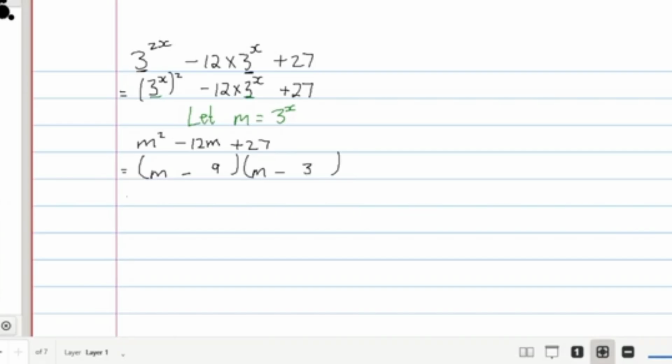So now you go back to what you said. In place of m you write 3 to the power x, and then you just simplified your question.